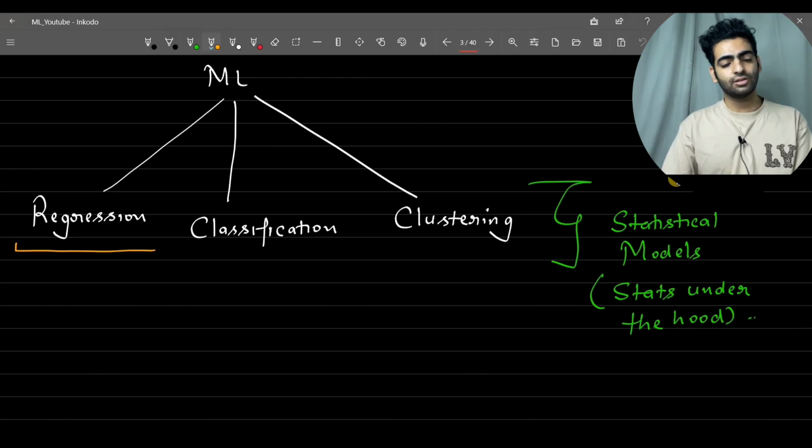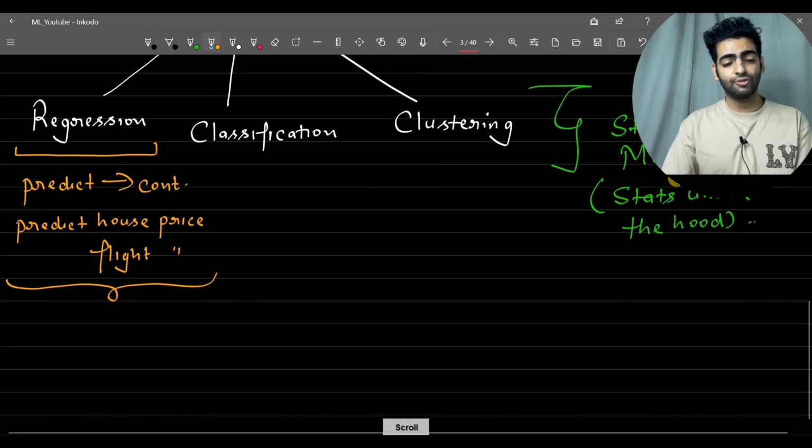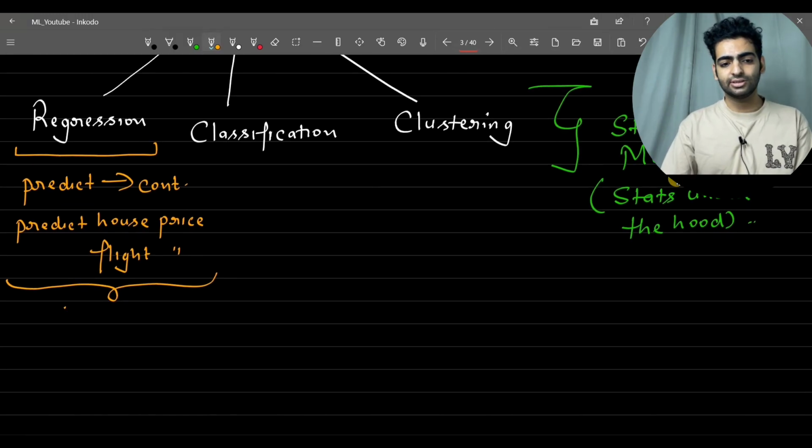See, regression is all about, let's say, hey, can you predict some continuous values? Let's say, hey, can you predict what could be the house price in any particular city, or what could be the flight price, right? Let's say I have predicted the flight prices as 6100.61 in Indian currency.